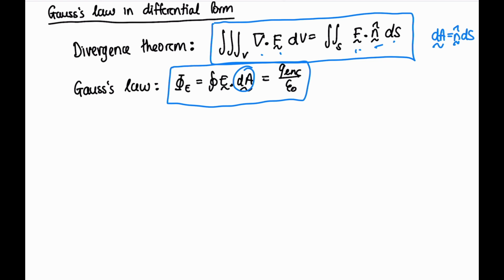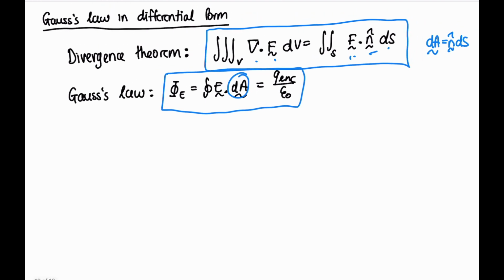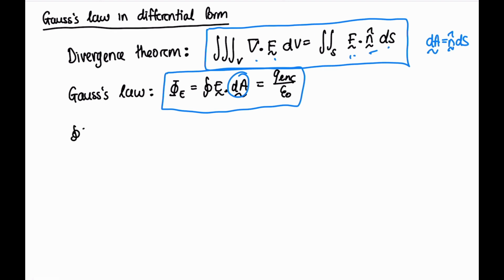So now we're going to use Gauss's law with the divergence theorem to come up with a simpler way of writing down Gauss's law using vector calculus. So let's start by writing down Gauss's law, E dot dA. And like I said, this is a very, very shorthand way of writing this. So let's write out in full exactly what we mean here.